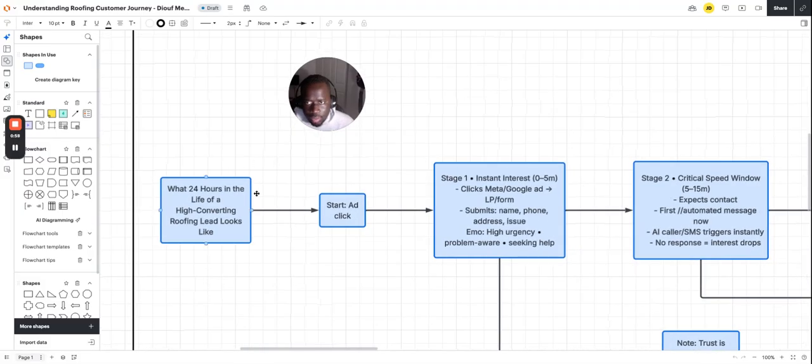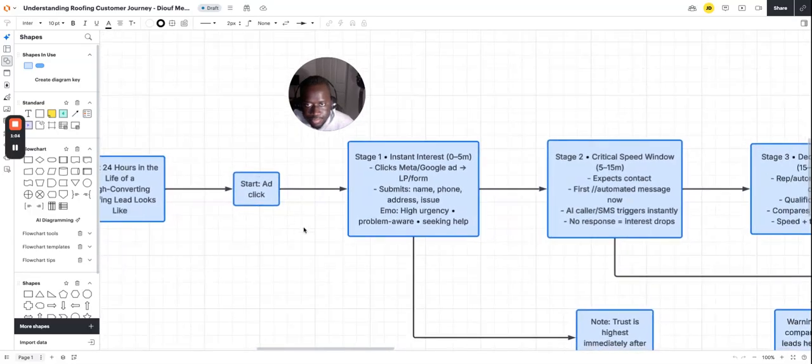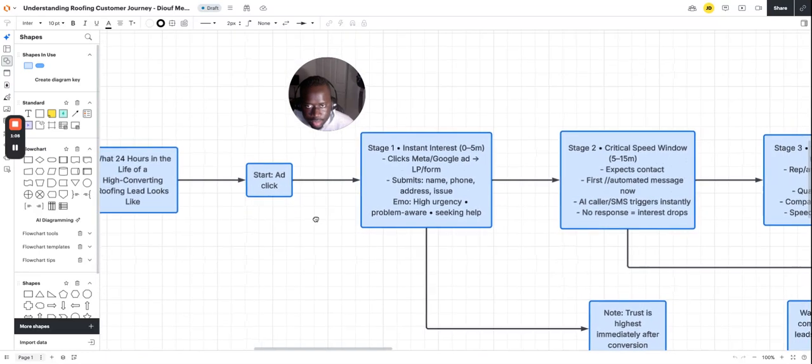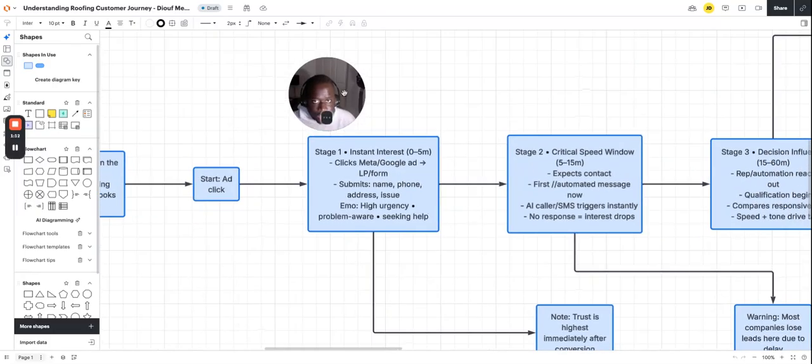So, what 24 hours in the life of a high converting roofing lead, or home improvement service lead, looks like. So they click your ad, right? And what happens is that they're trying to show some sort of interest because something about your ad stood out. Maybe it's the offer, maybe it's the imagery, maybe they liked your video, maybe it's the service, maybe they heard about you.